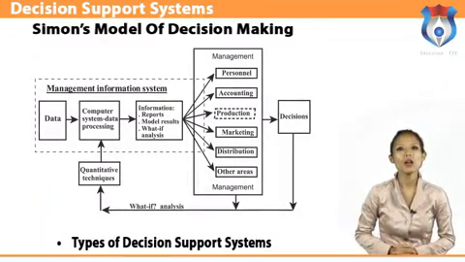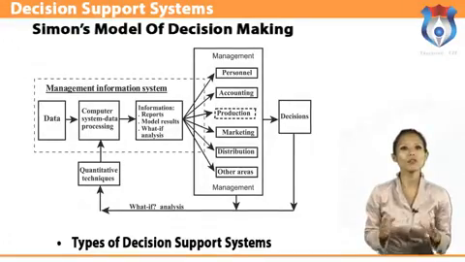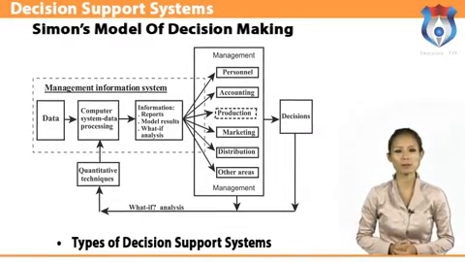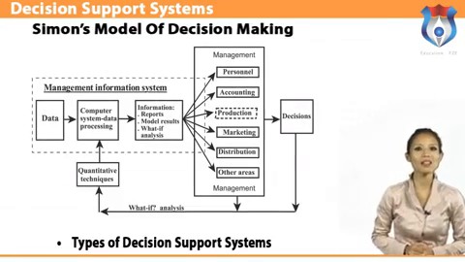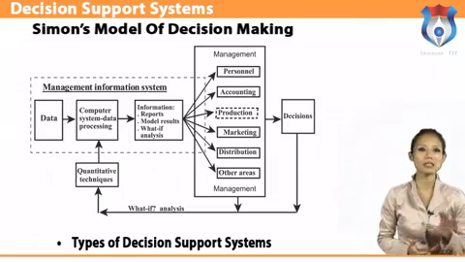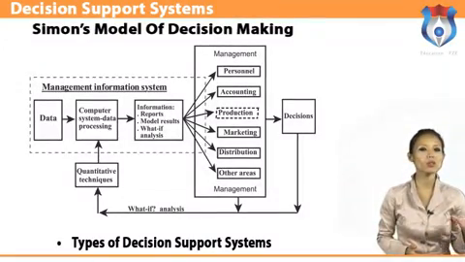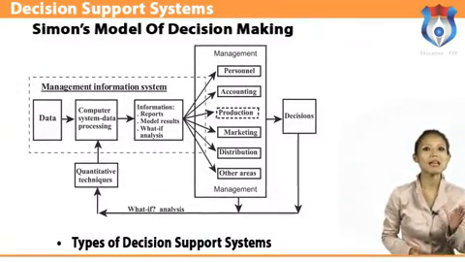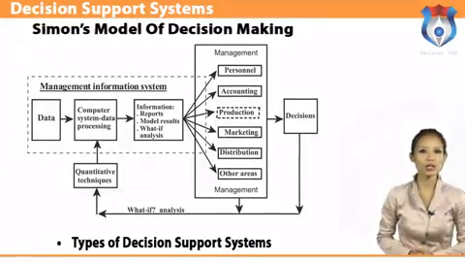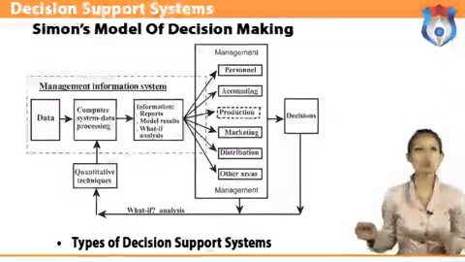Apparently, Keen and Scott Morton were the first to use the notion of evolution in Decision Support Systems (DSS). Soon after that, Keen elaborated on key aspects related to evolution in DSS. That research was most concerned with the notion that DSS evolved over time. The development methodology of DSS is an evolutionary one.